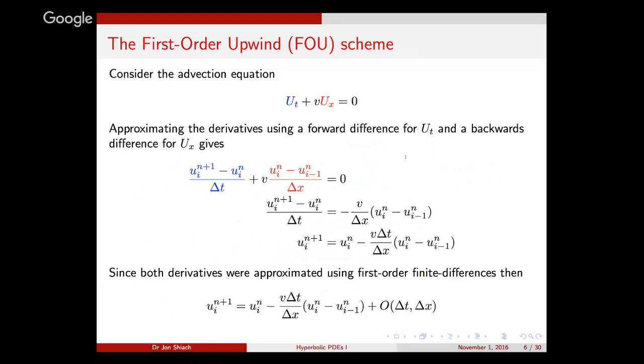If we'd have chosen different orders of accuracy of our finite differences, we'd have a different scheme, and we'd have different accuracy. Depending on how accurate you want, depending on the problem, you might choose to have a more accurate approximation of your derivatives. But for now, for this purpose, we're just going with first order.